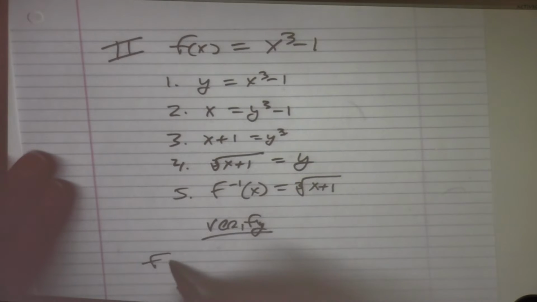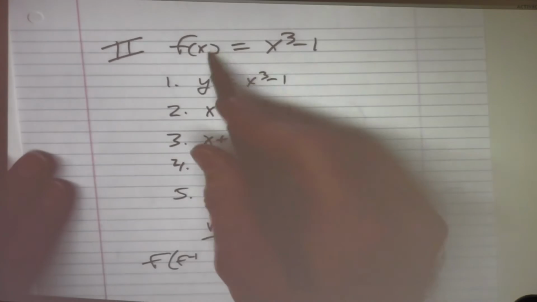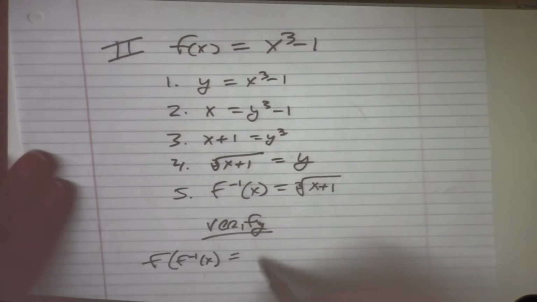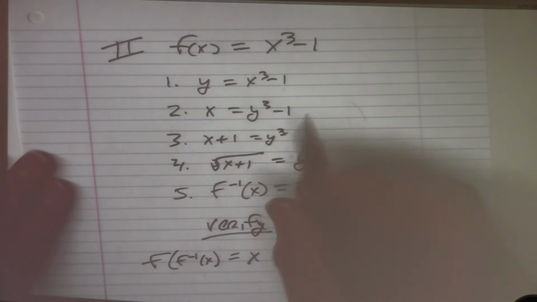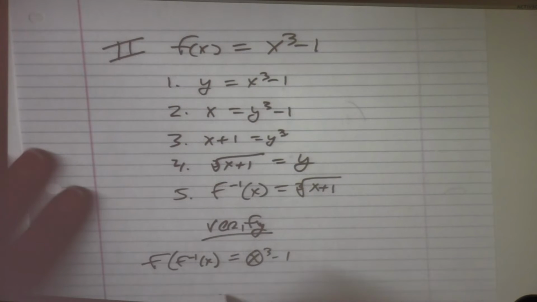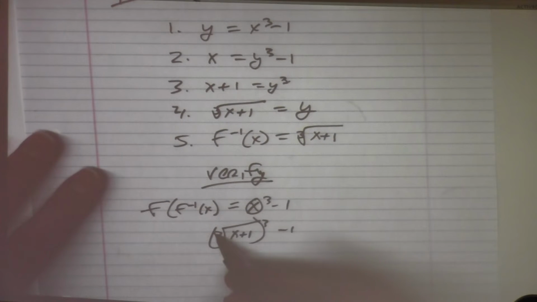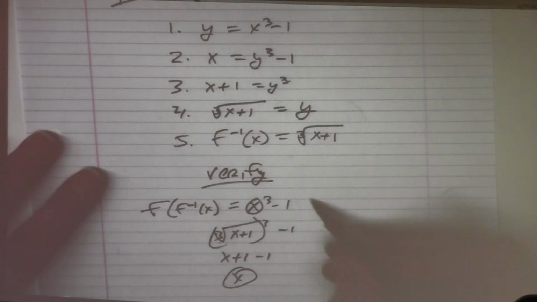So I'm going to do this function composed with the inverse function. Here I would have x cubed minus 1, but that'll get replaced: the cube root of x plus 1, cubed, minus 1. The cube and the cube root cancel, so we get x plus 1 minus 1, we get our x.